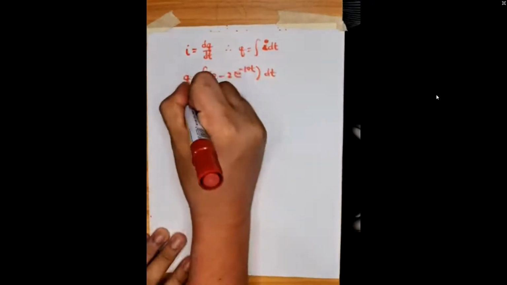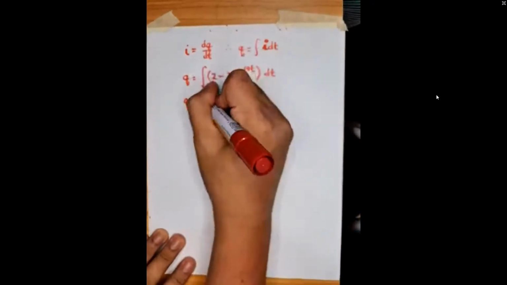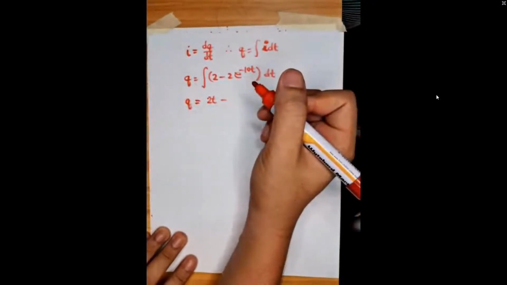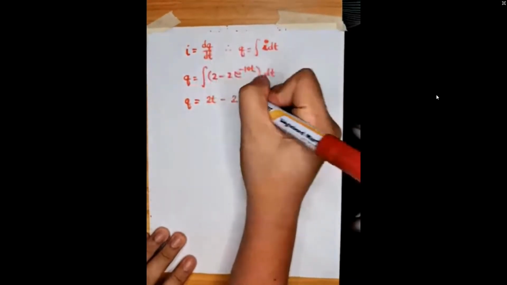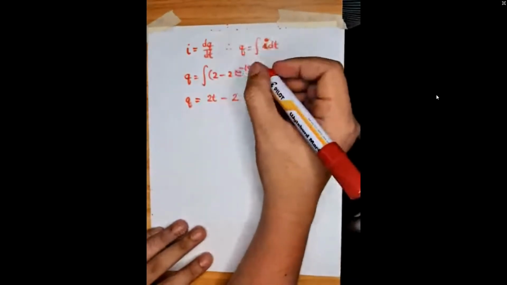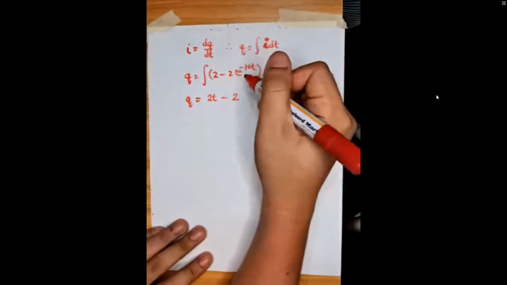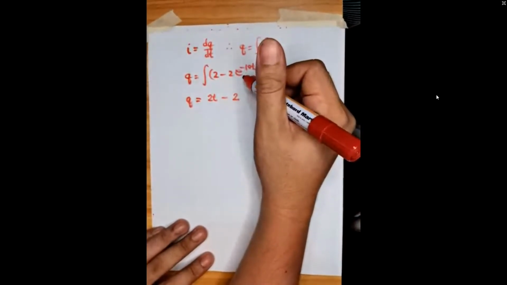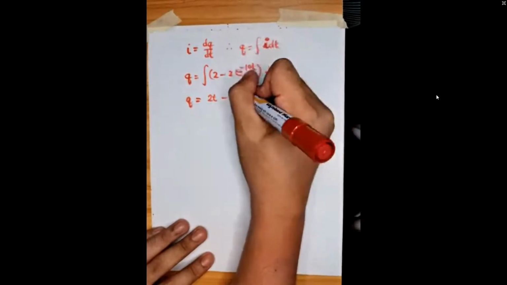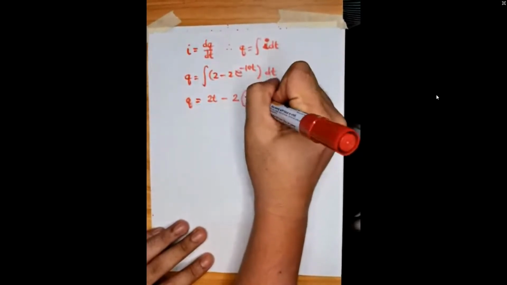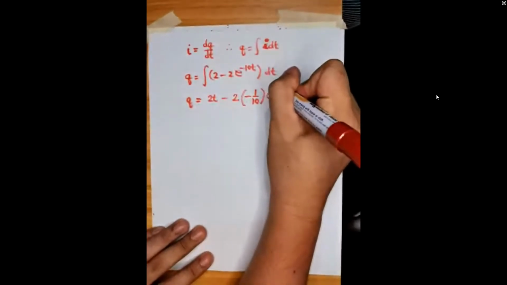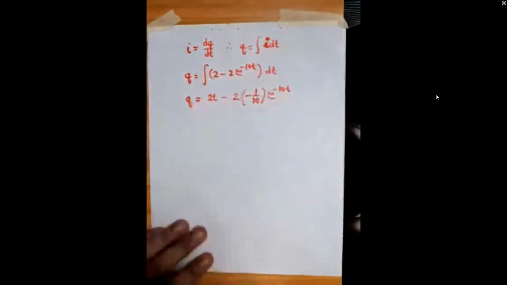So that's equal to 2t minus 2, ano yung ano? Anong tawag doon? Neutralizing factor. So that is negative 1 over 10 e raised to negative 10t. Tama ba?